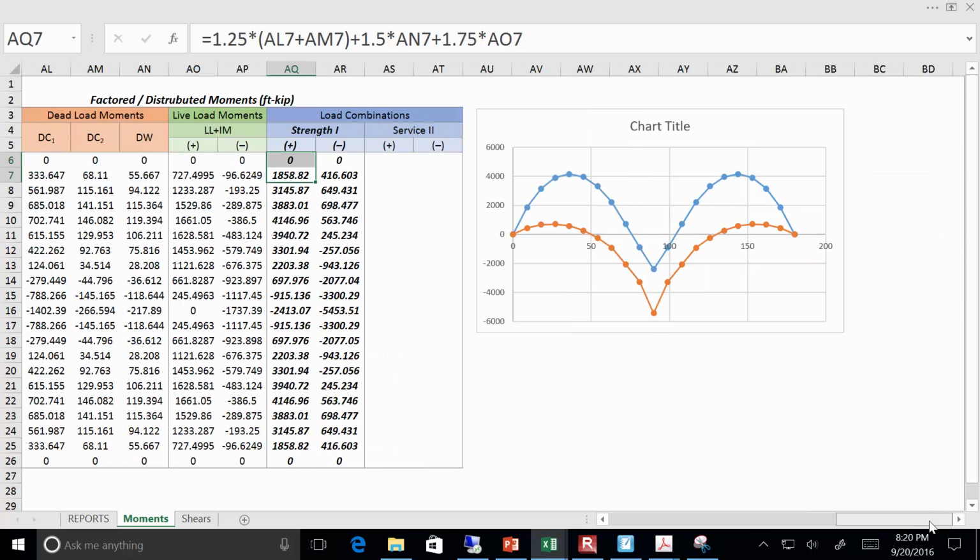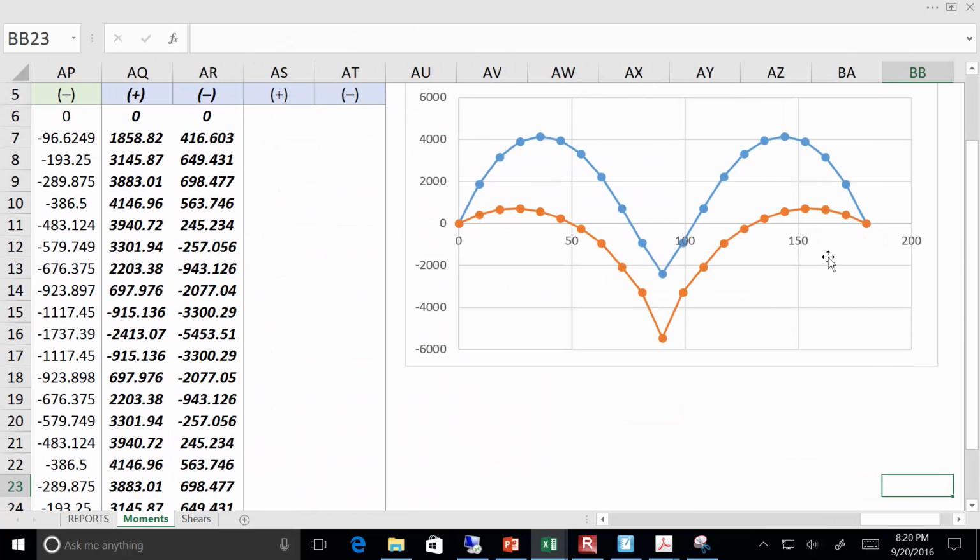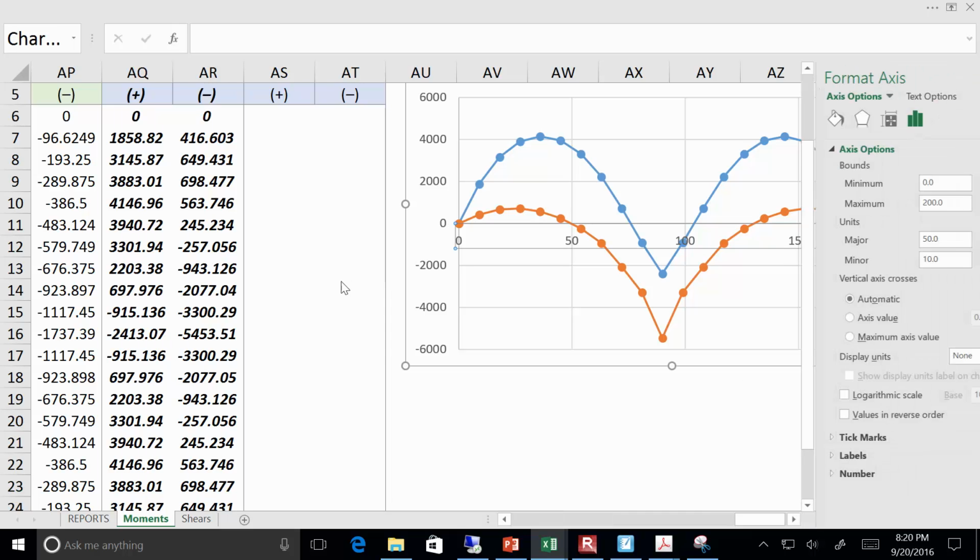Okay. So what we're looking at here, this kind of looks like a moment diagram, doesn't it? But it's not. It's not a moment diagram, it's a moment envelope. Let me adjust my x-axis a little bit. So format axis.